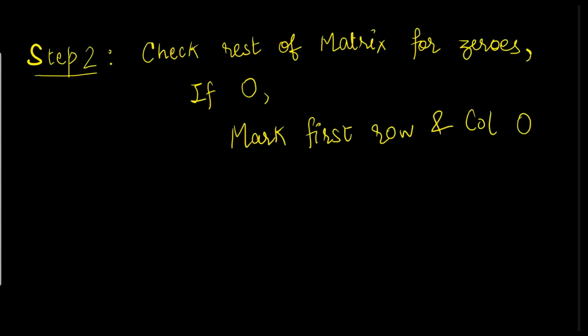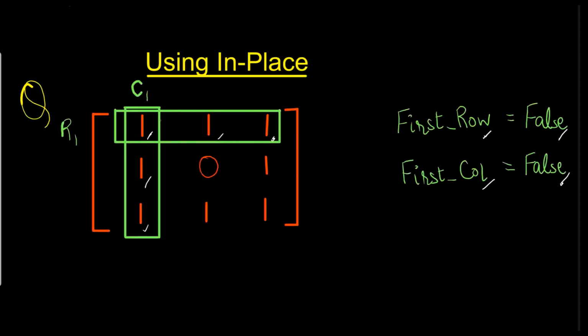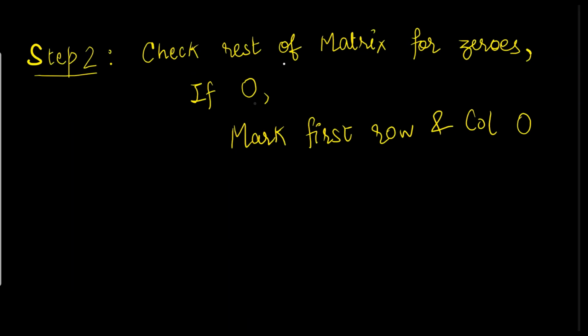Now the second step is to check the rest of the matrix for zeros. Here we have checked the first row and first column. Now it says to check the rest of the elements, which are the inner ones. If any of the elements there is 0, go to its respective row and column on the outer side and make it 0.